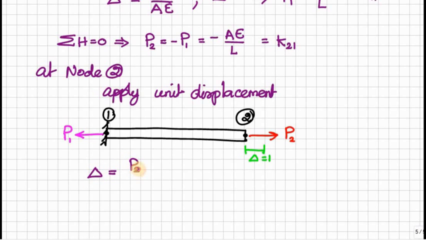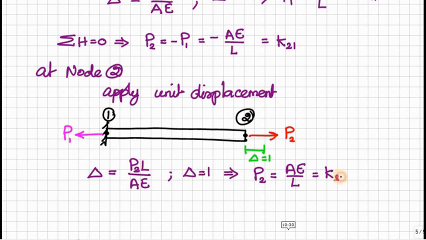And delta is equal to 1, therefore P2 is equal to AE by L, which is nothing but K22, because P2 is the force at node 2, and this P2 is due to the application of unit displacement at node 2.